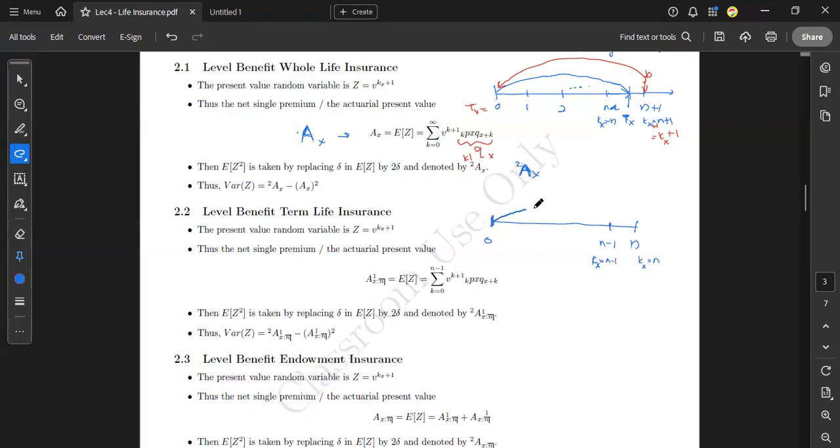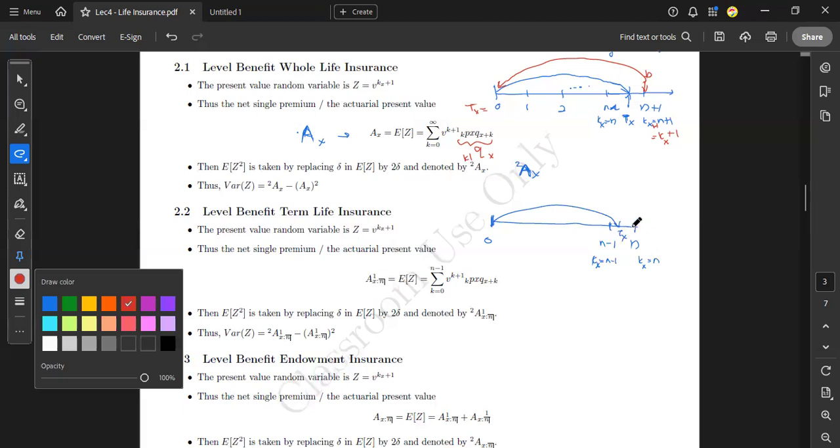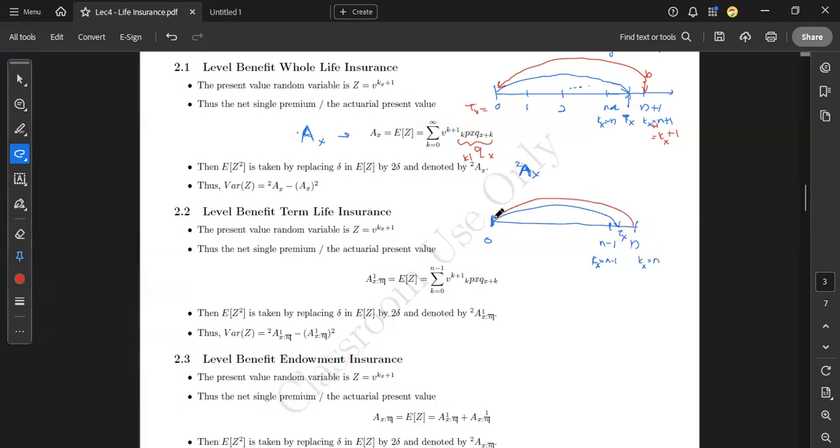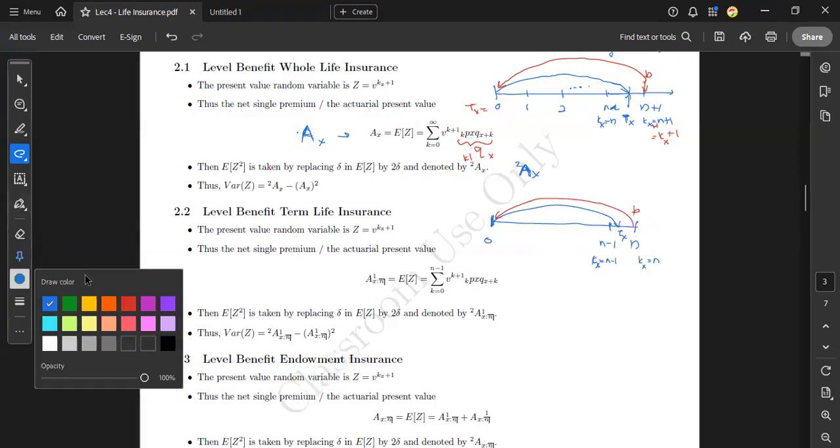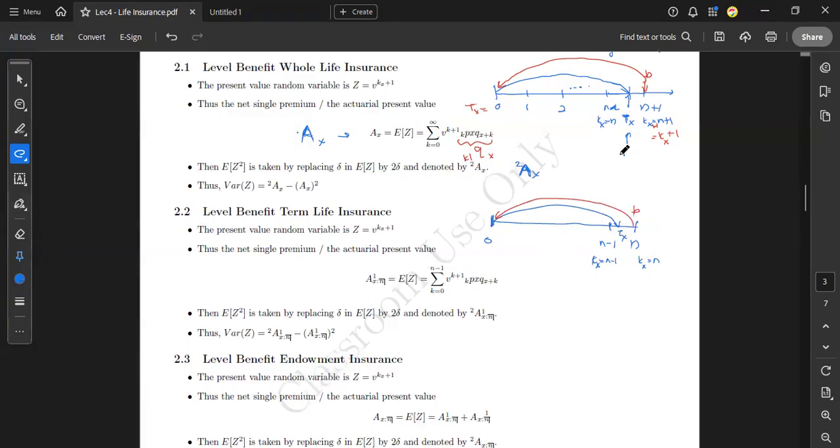So the death occurs in between these two. That is the maximum case. So if that occurs in here, the discount will come back from here. So the benefit is 1. And so Tx gives you the occasion of death.